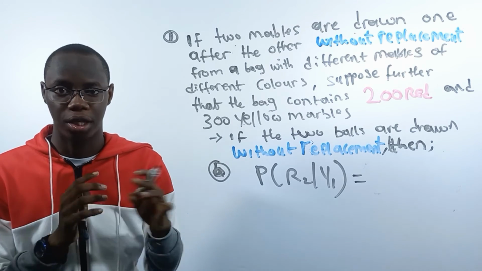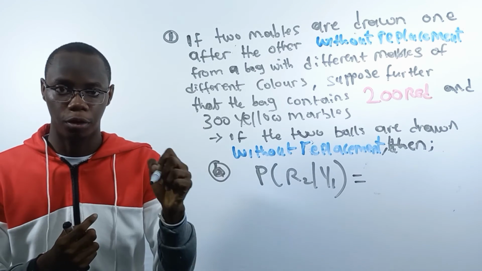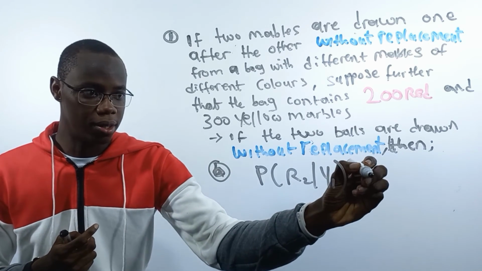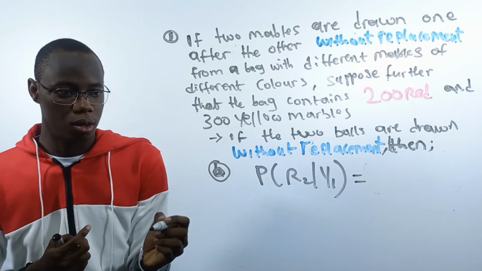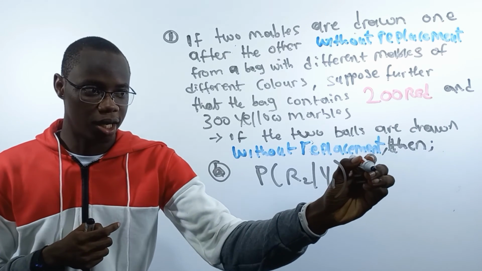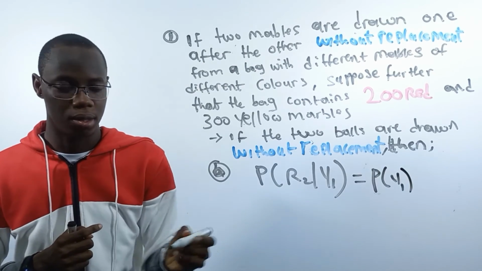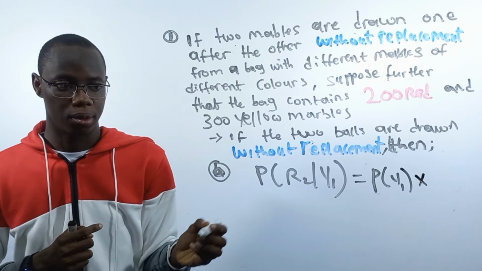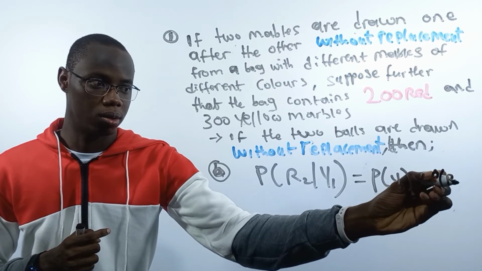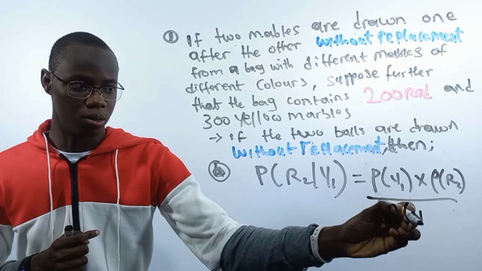Either you use the formula directly, the easy formula, or you can use the intuitive way, but let's do it first with the formula. So the formula now will be, the probability of this now will be equal to merge the two of them in reverse. So that is probability of getting yellow, y1 first, right, multiplied by the probability of getting red second, divided by the probability of getting y1.